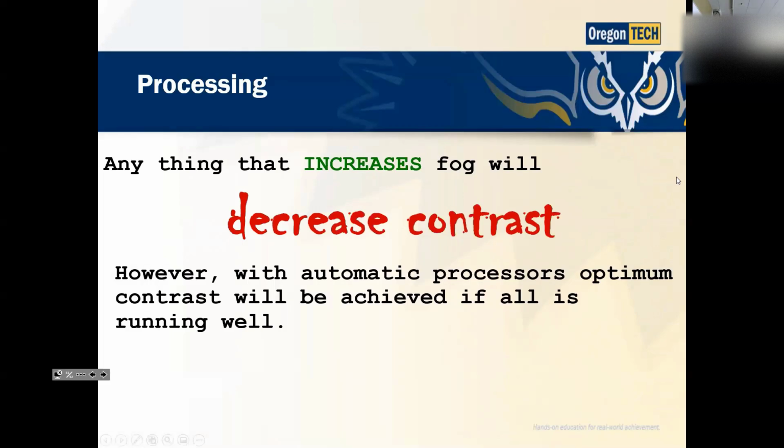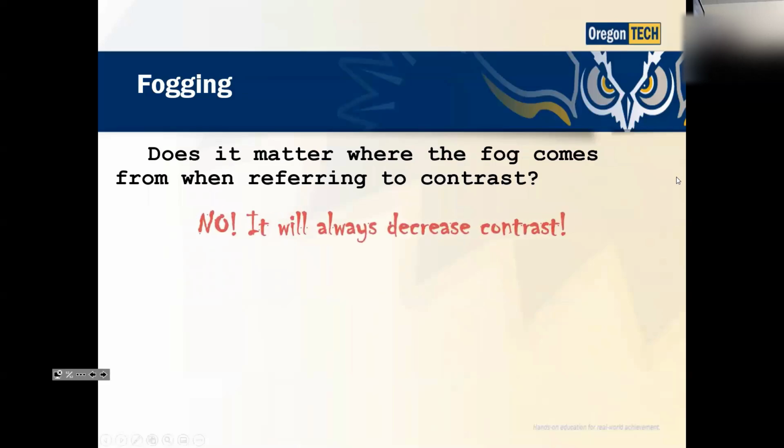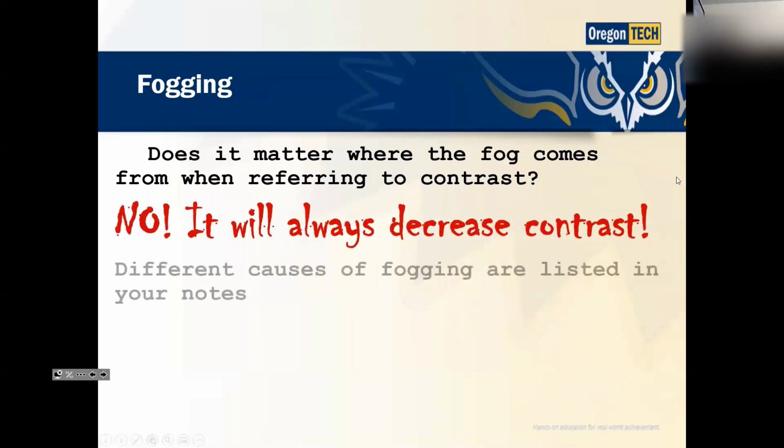The whole purpose of a processor was to have consistent timing. Everything runs the same, and that gives consistent densities. With hand developing there were inconsistencies in densities because people see differently. Fogging, it doesn't matter where the fog comes from, will always decrease contrast.